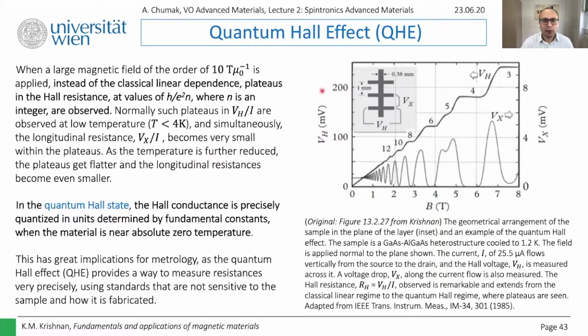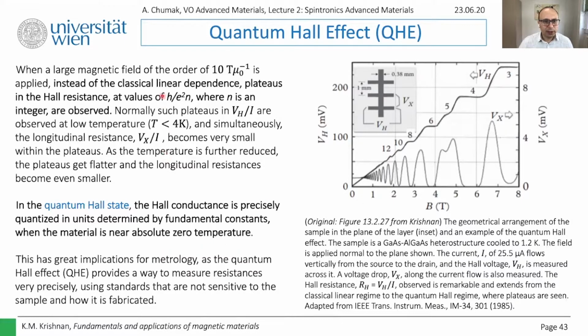Then when you measure Hall voltage detected across the structure, you will see that it depends on the magnetic field not simply linearly as we expected, but you will get such plateaus, such steps. And in the quantum Hall state, the Hall conductance is precisely quantized in units determined by fundamental constants when material is near to the absolute zero temperature.